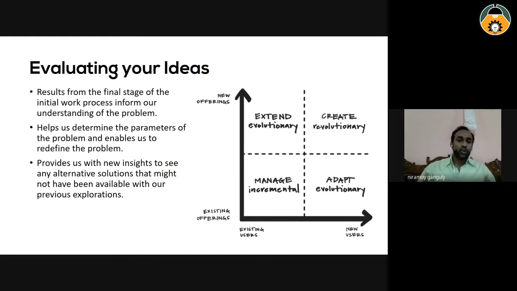So this flowchart shows you can adapt yourself to where you want your project to be, in either of these four quadrants, whether you want to be absolutely revolutionary, or an evolution of an existing idea, or you're just creating an incremental step into what you're creating.